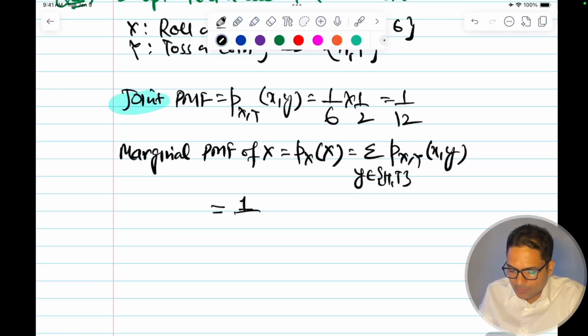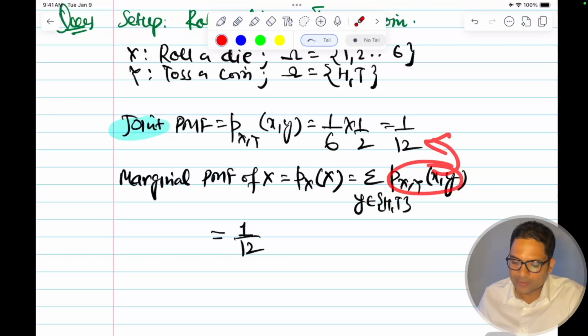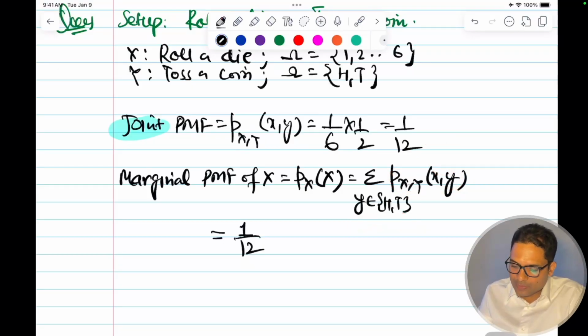For head it is 1 by 12. This is the joint probability, right? I'll sum it over all the possible values of y. So for head 1 by 12 plus tail 1 by 12, this will give me 1 by 6.